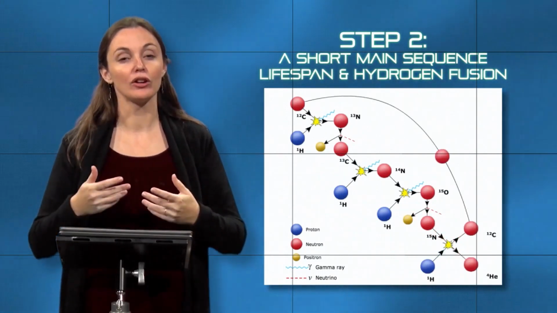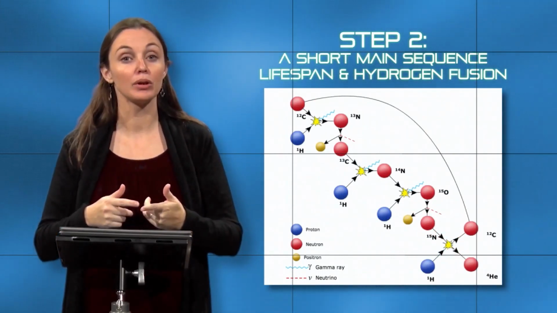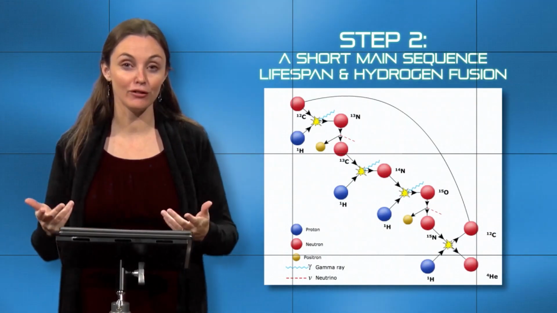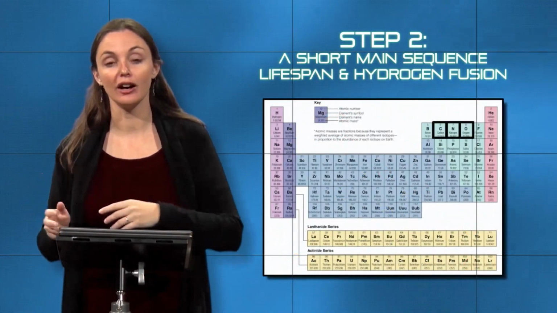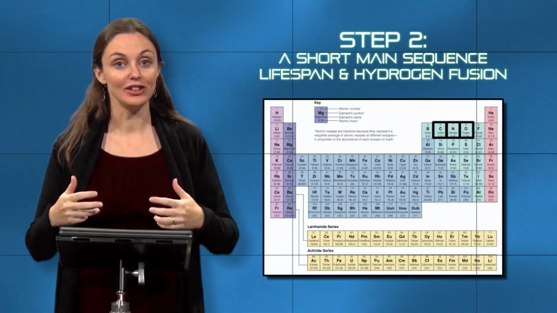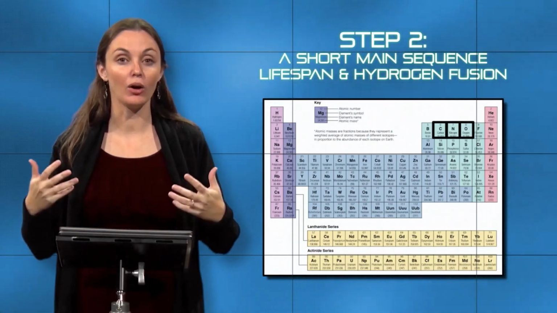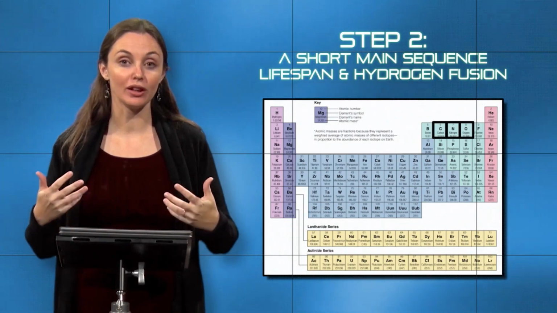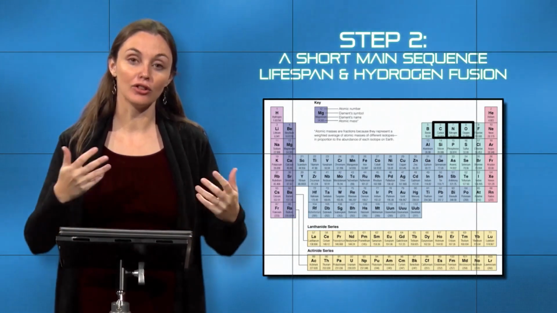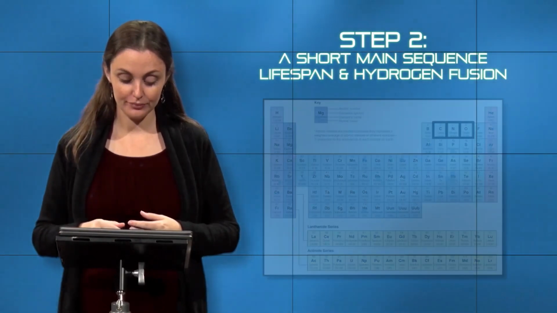And in this way, you're converting hydrogen into helium, but along the way, as a side effect of this process, you're converting carbon into nitrogen, nitrogen into oxygen. So that's the CNO cycle. That's effectively how a high-mass star undergoes a relatively short main sequence lifespan and converts hydrogen into helium.